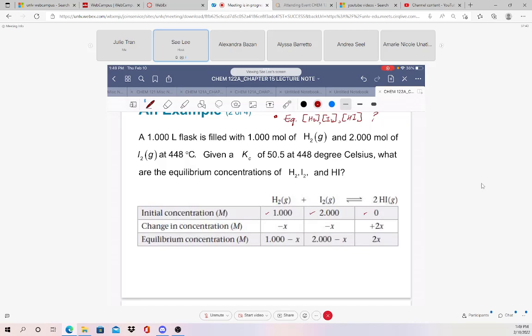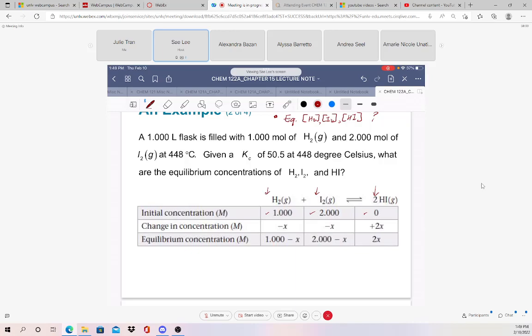Then we put x to indicate the change in concentration, and again, this change in concentration will have the same coefficients as in the balanced equation, so the change for the product is going to be 2x. For iodine, it's going to be 1x. For hydrogen, it's going to be 1x.